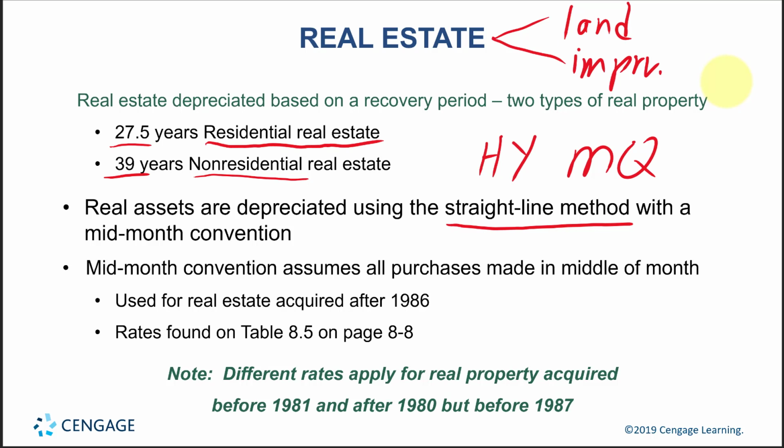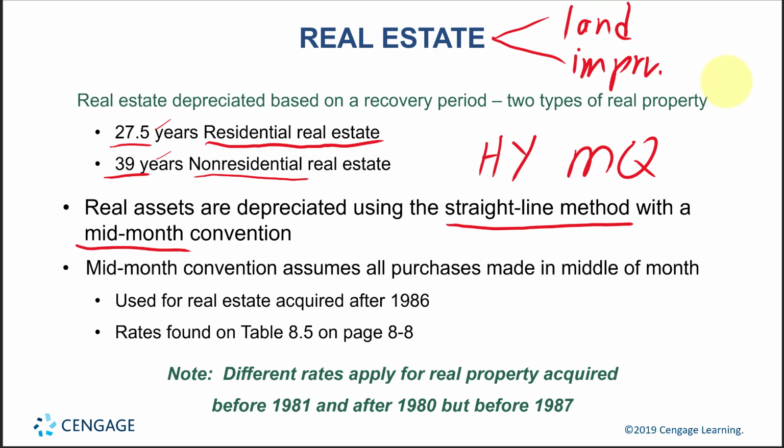Now for real estate, we use another convention called mid-month, meaning that whatever month you place that real estate into business use, we're going to take depreciation from the middle of that month to the end of the year. And then the next year you take a full year, and the next year you take a full year. And in the last year, be it residential life or non-residential, you just take the remaining months you didn't depreciate in the previous years.